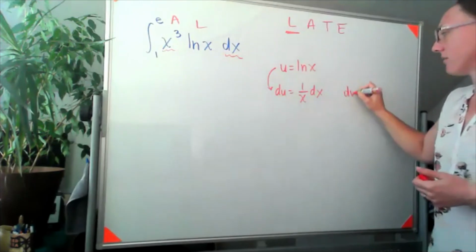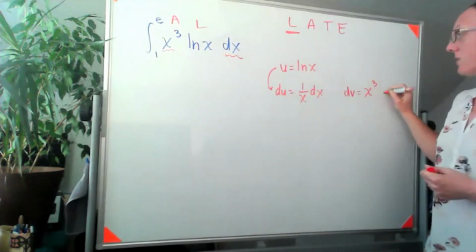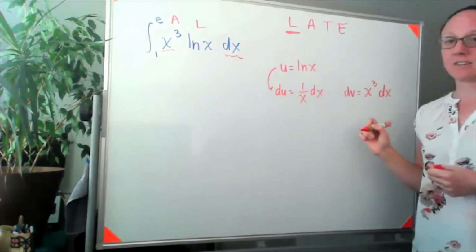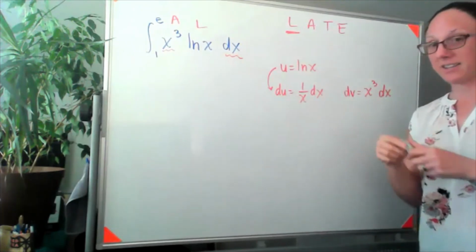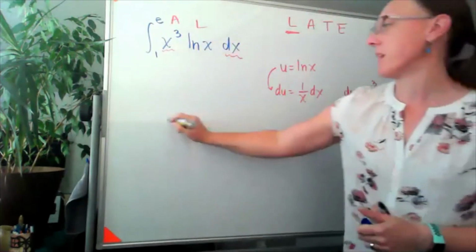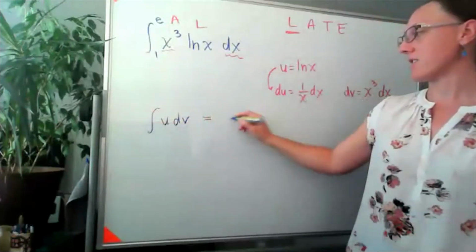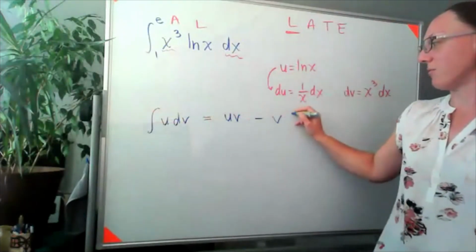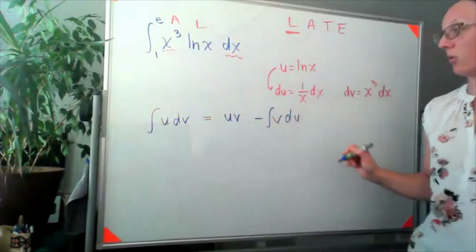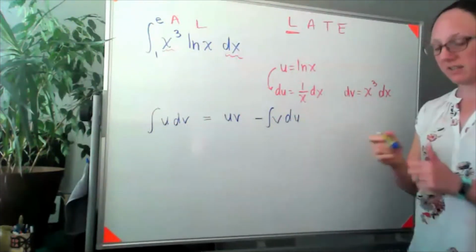So dv is going to be x cubed dx. And since our integration by parts formula takes a u dv and turns that into uv minus the integral of v du, in order to use this formula, I also need to know what v is.